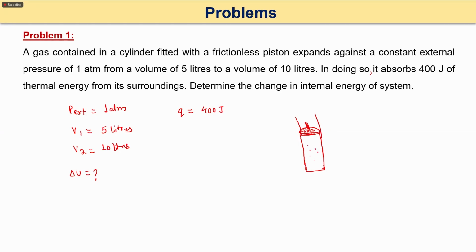So initially the volume was 5 liters, and we applied some amount of heat to the system, which is 400 joule. Then what will happen? The piston will move upward and its volume will change.